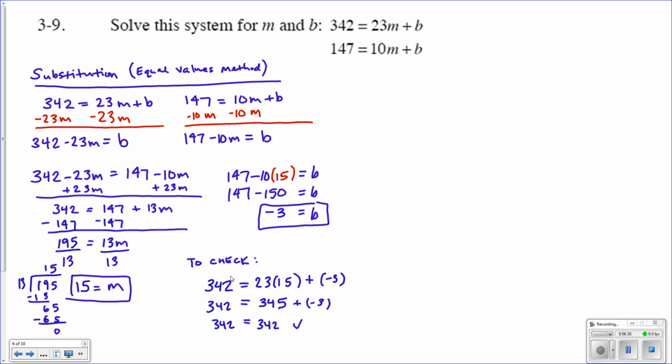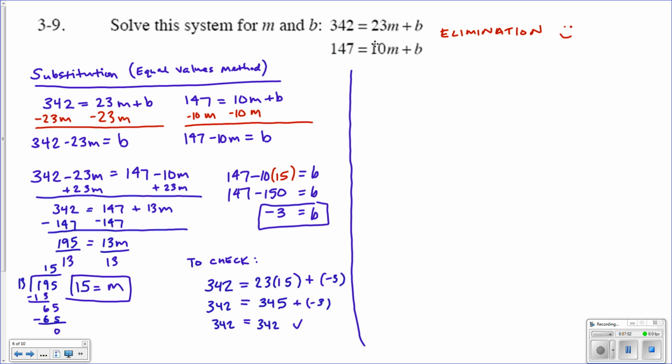So that was the substitution or equal values method there. We've got m equaled 15, b equaled -3. Let's divide our space here. And let's do on the other side the method we call elimination. This is my personal favorite. The point of elimination is to eliminate a variable.